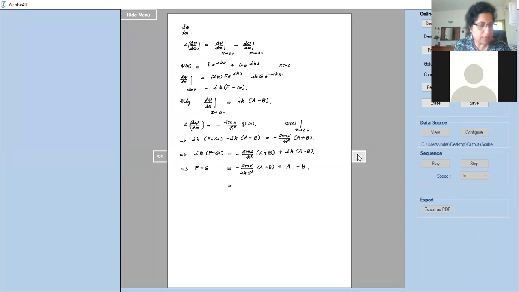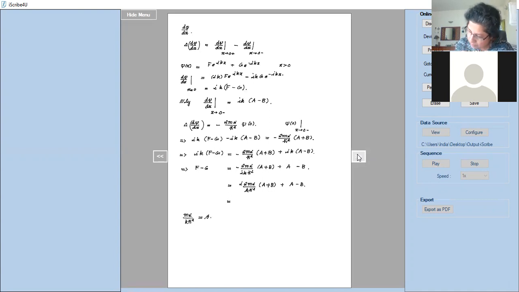We can then further write this as i into 2mα over ħ squared, (A plus B) plus (A minus B). Anyway, it doesn't matter. Then you put this factor mα over kħ squared equal to some β.